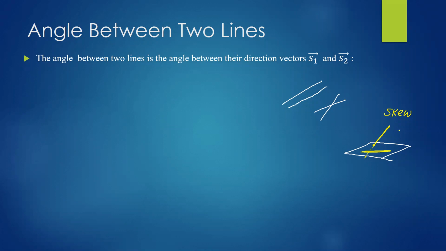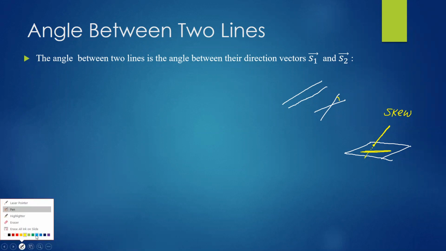And so if we need to define the angle between skew lines, what's that? They don't intersect. How do we find that angle? If the lines intersect, yes, we can find the angle. If the lines do not intersect, then in principle, we think of the angle between these 2 lines as imagine that you could move one of these lines so that it intersects the other line.